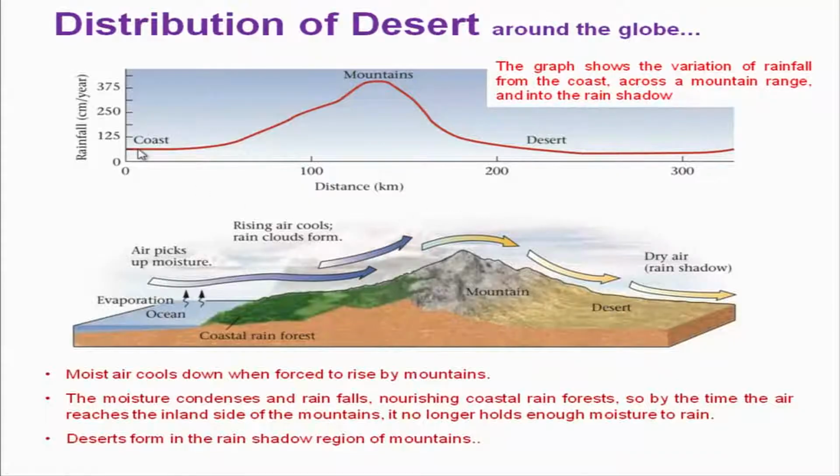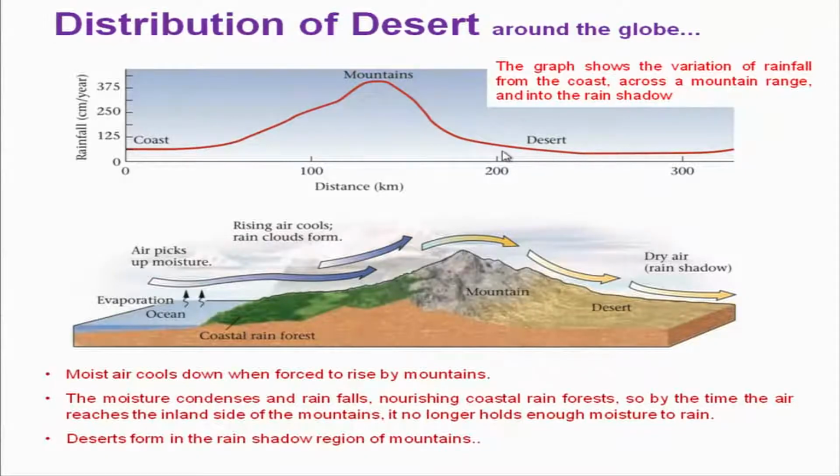And this graph shows the rainfall in centimeter per year, and as you move away from the mountains, or on the backside of the mountains, you have very low rainfall. So maximum rainfall is over here, close to the mountains and the foothills.